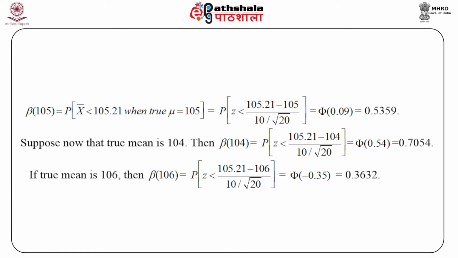Therefore, we can write beta of 105 is equal to the probability that x bar is less than 105.21 when true mu is 105. This is equal to the probability that z is less than 105.21 minus 105 upon 10 divided by under root 20, which is phi of 0.09 and is equal to 0.5359.